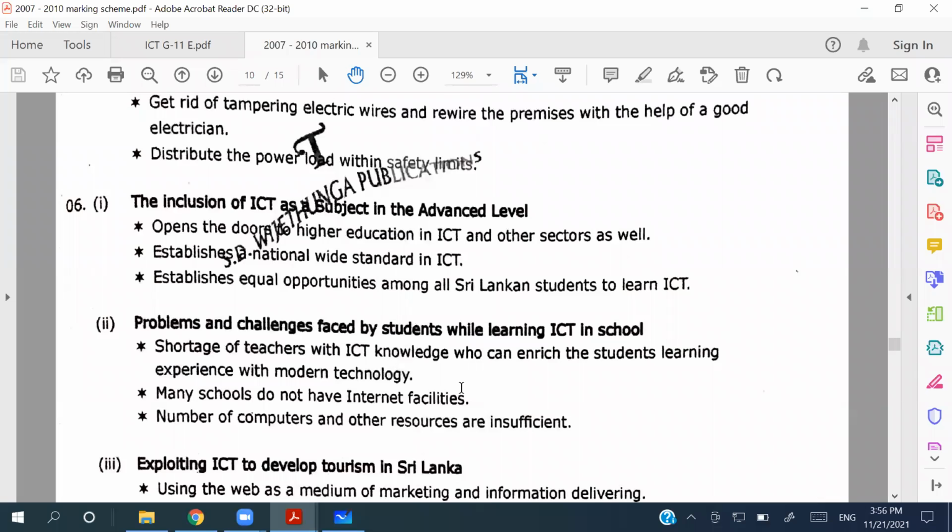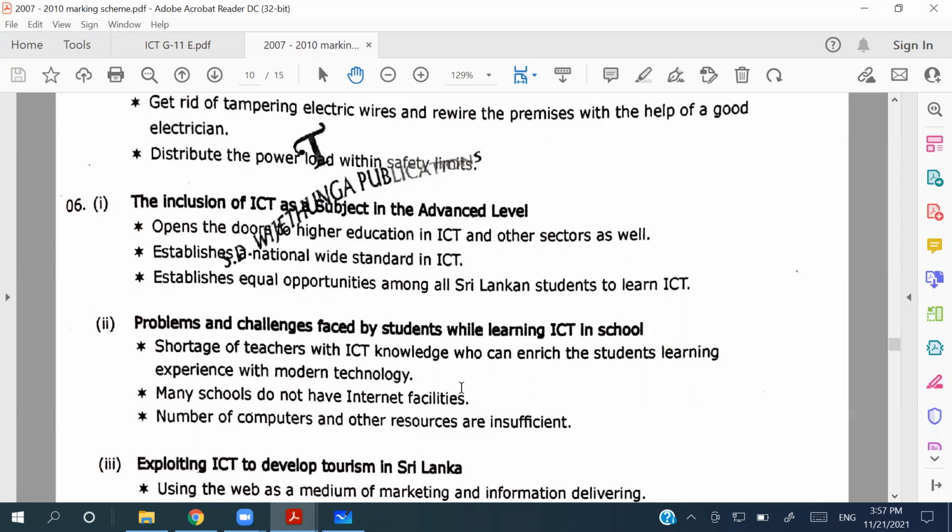It opens the doors to higher education in ICT and other sectors as well, and establishes a nationwide standard in ICT. So most of them can have the ability of learning ICT in the A levels. And using these things, they can achieve the way they wanted, right?